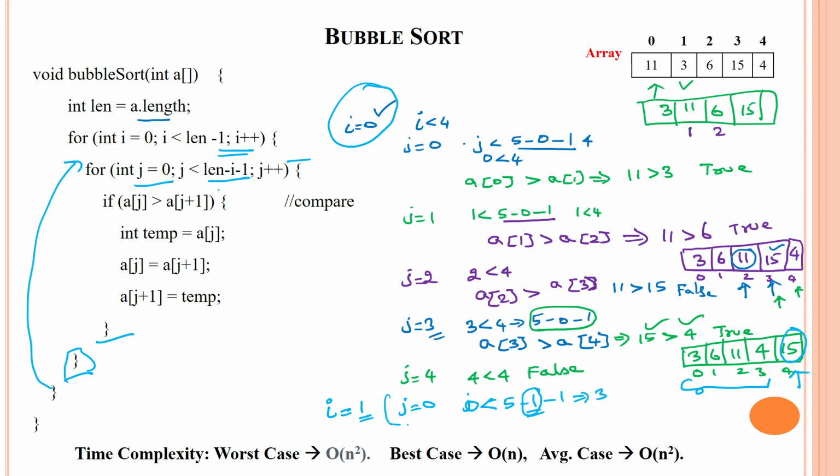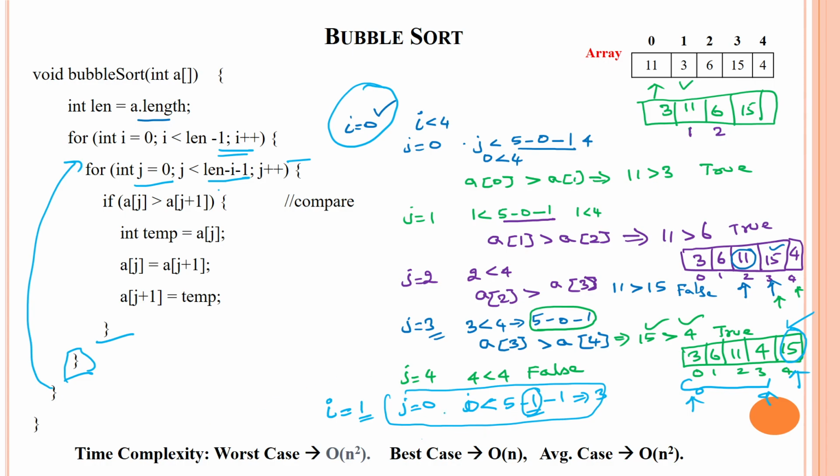So in the jth loop, we have to iterate or traverse from the 0th index to only until the third index, because 15 is already placed in the proper place. So like that again you have to traverse here.